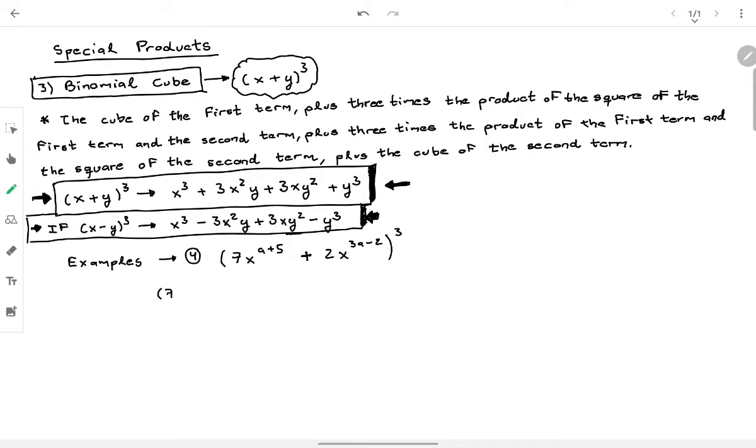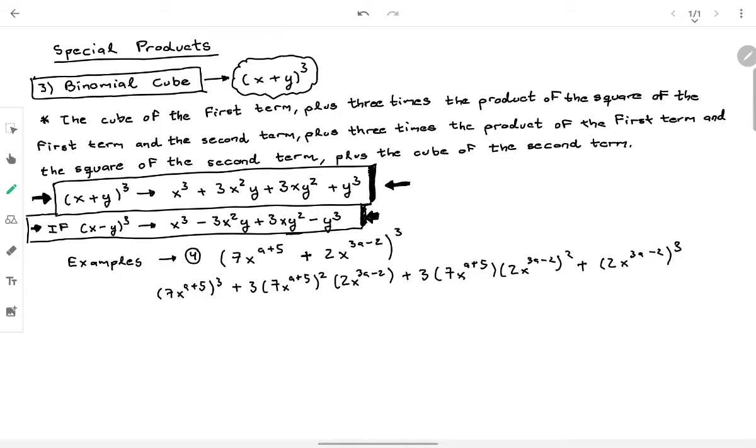Remember, it's the first term to the third power plus 3 times the first term squared multiplied by the second term plus 3 times the first term multiplied by the square of the second term plus the second term to the third power. So it will be 7 times 7, it's 49.